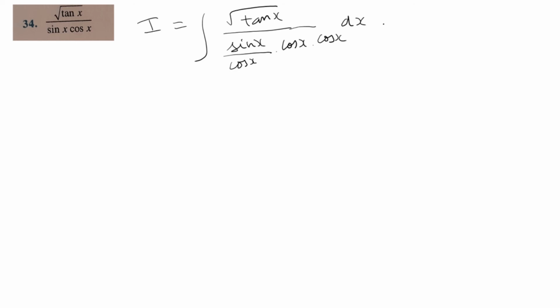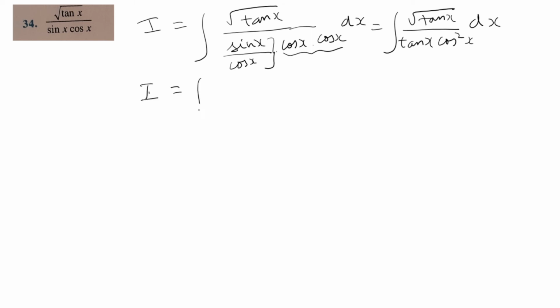So what we get, this is equal to integral square root of tan x divided by this sin x by cos x is tan x, and cos x into cos x is cos square x dx. So I becomes integral square root of tan x by tan x is 1 by square root of tan x into 1 by cos square x is secant square x dx.